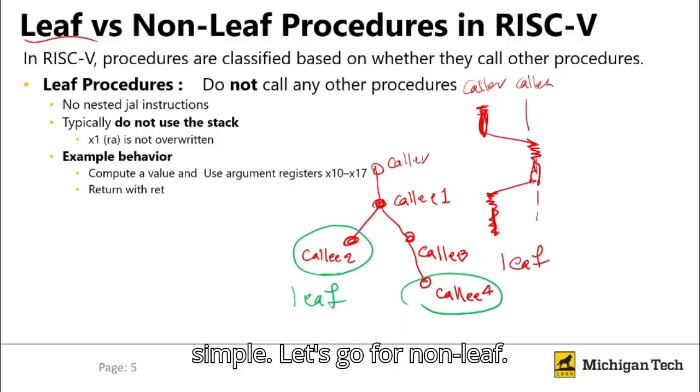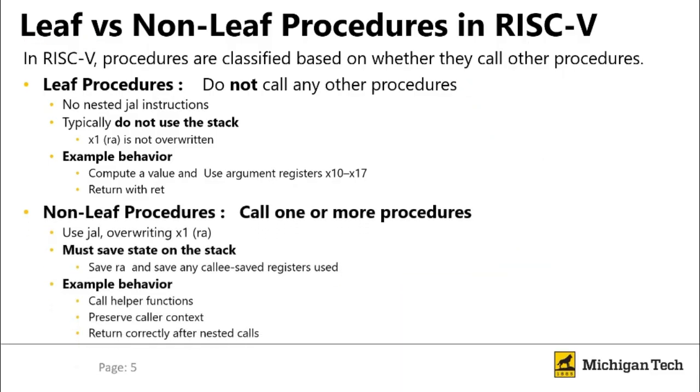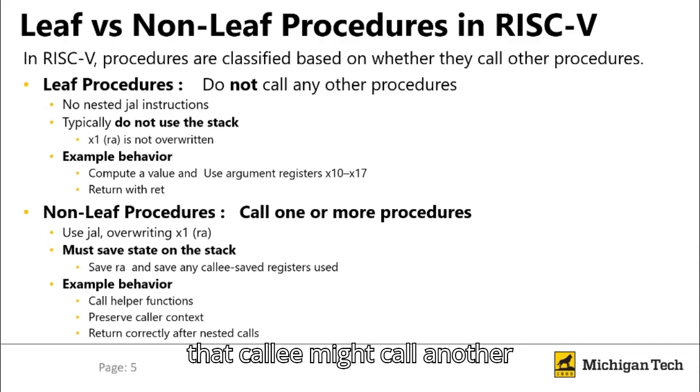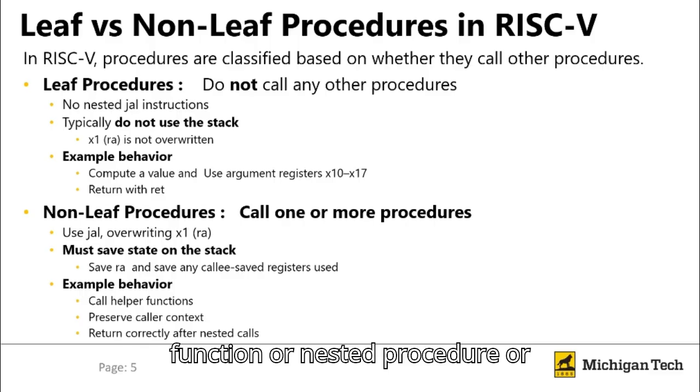Let's go for non-leaf. For non-leaf procedures, when the caller calls another callee, that callee might call another callee. So we have a nested function or nested procedure or nested jump.